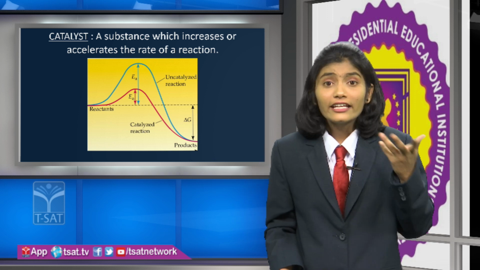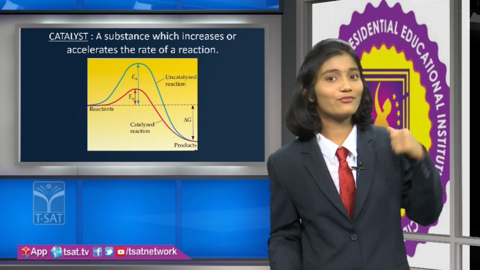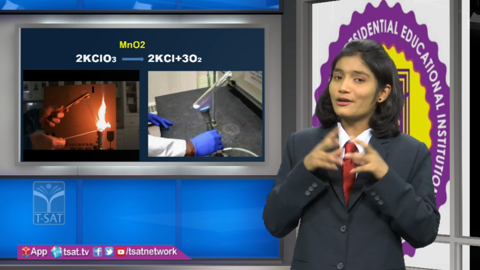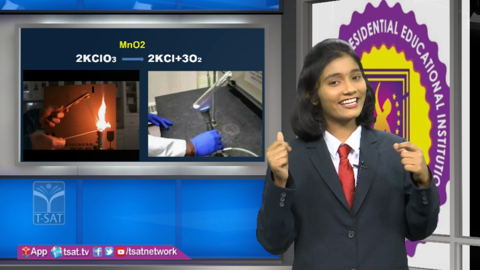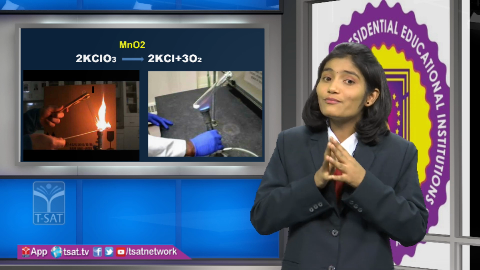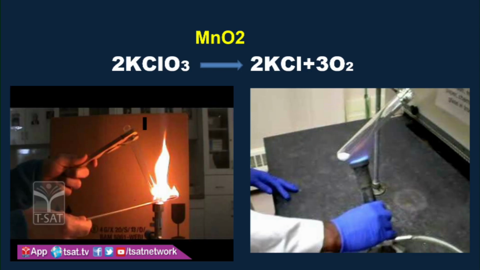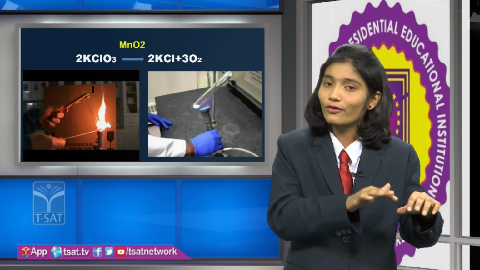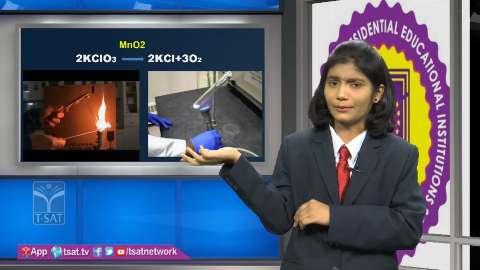In chemistry, we have n number of reactions, isn't it? Yes. So friends, for better clarity, let me take an example. Here, when potassium chlorate is strongly heated at 653 to 873 Kelvin, it decomposes slowly and gives potassium chloride and oxygen.